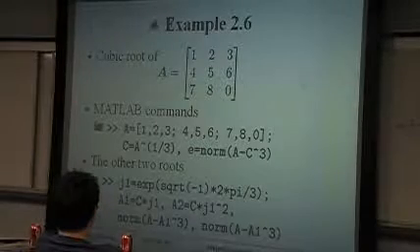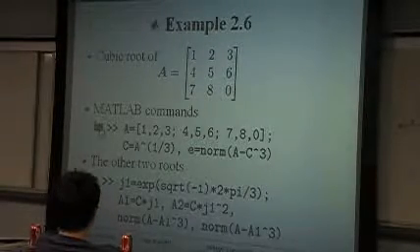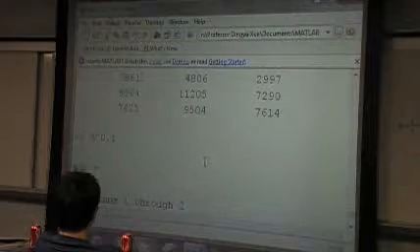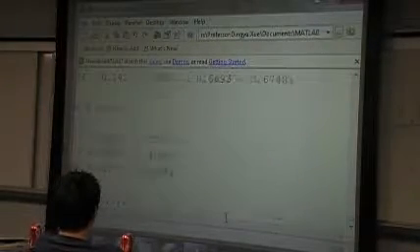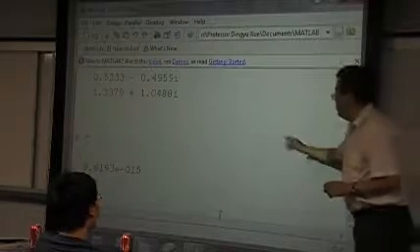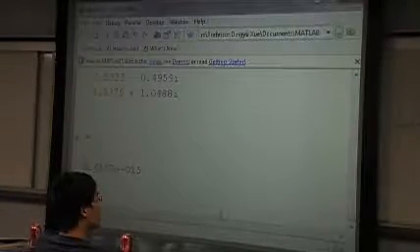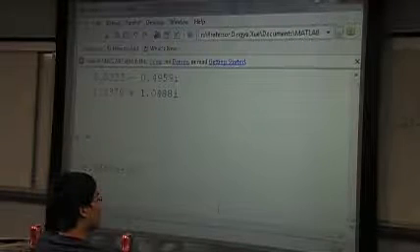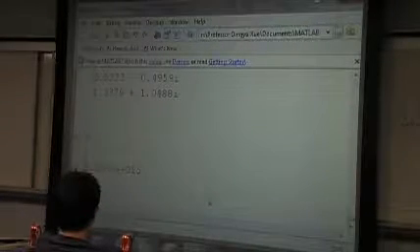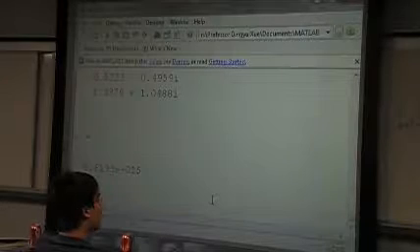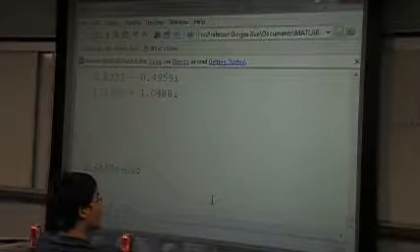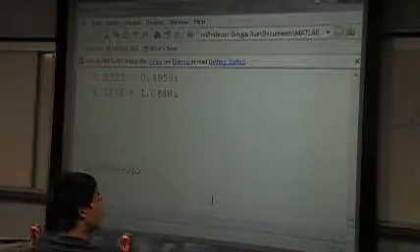So let's see what the error is. The error is something like this, 10 to the minus 15th power. So it's small enough. I don't think there is an equivalent thing for symbolic computation for this kind of problem, because I don't think there is an algorithm to do so.